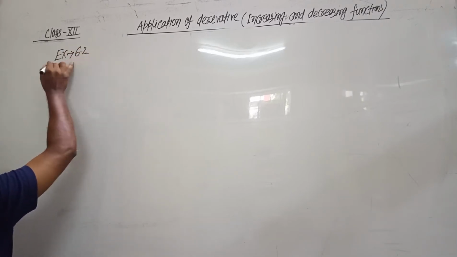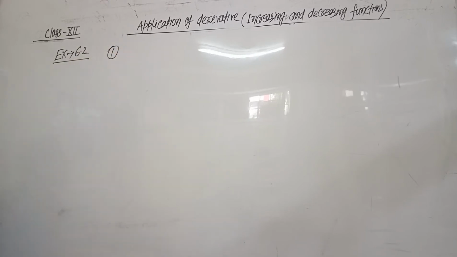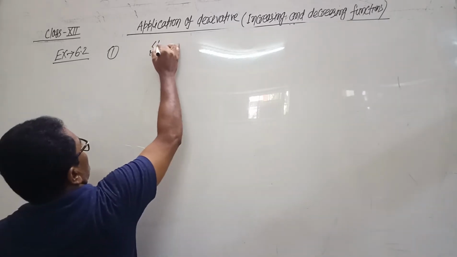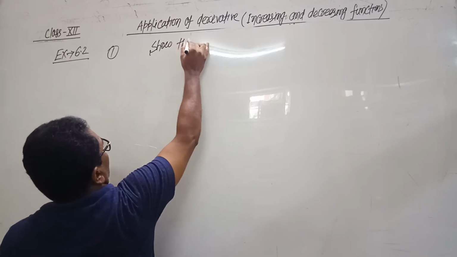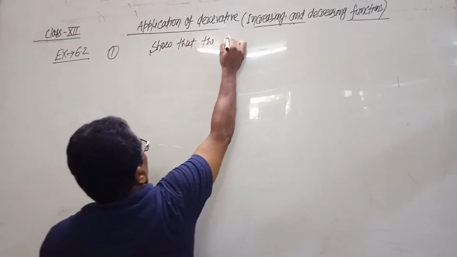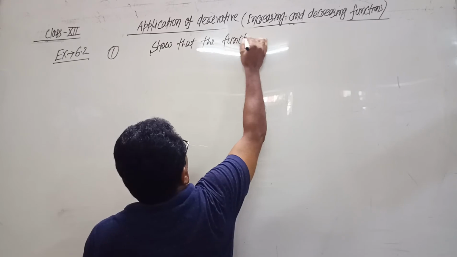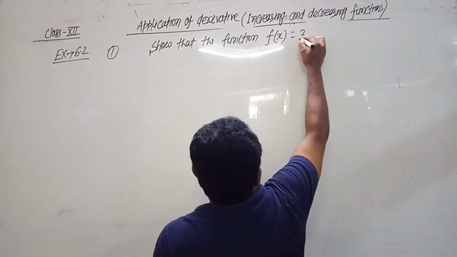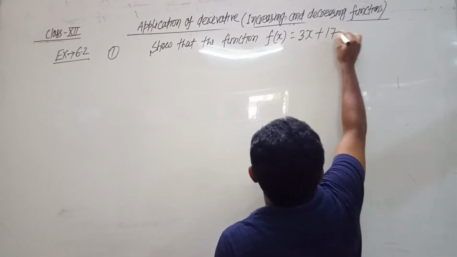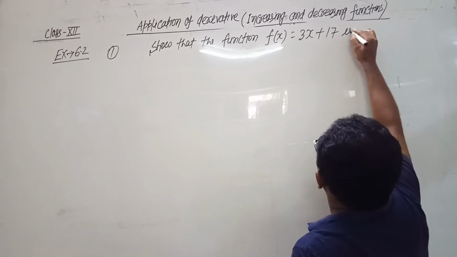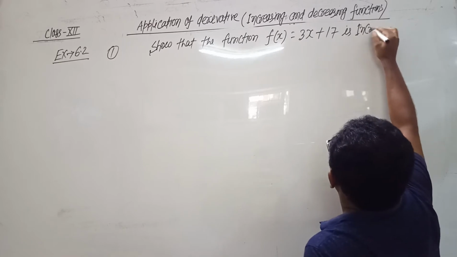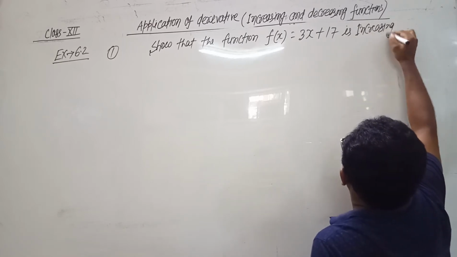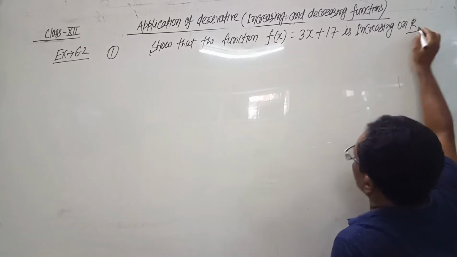NCERT exercise 6.2, and the first question is: show that the function f(x) equals 3x plus 17 is increasing on R. R means real numbers.